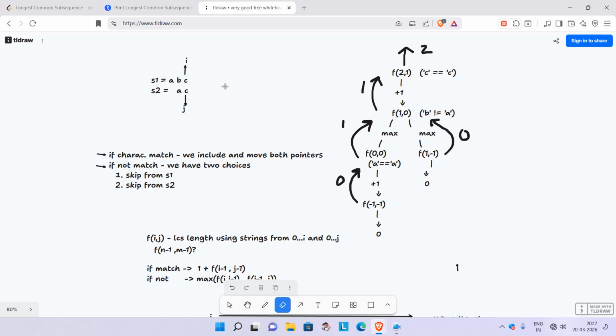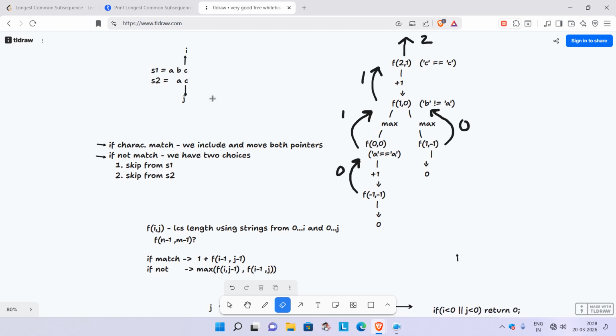What I'm trying to say is, let's say two strings s1 and s2 are given, and we associate pointers with these strings: pointer i with string s1 and pointer j with string s2. There are two conditions: the characters match or they don't.